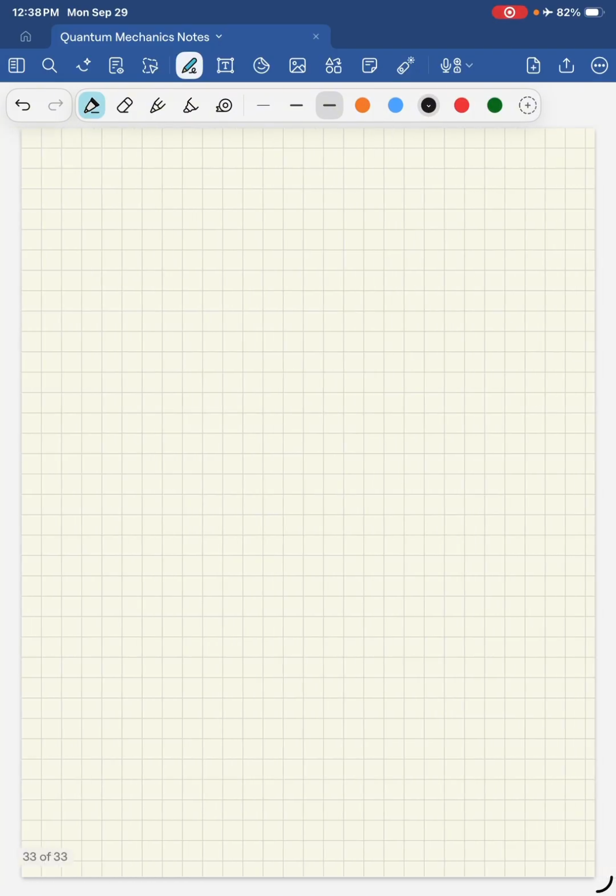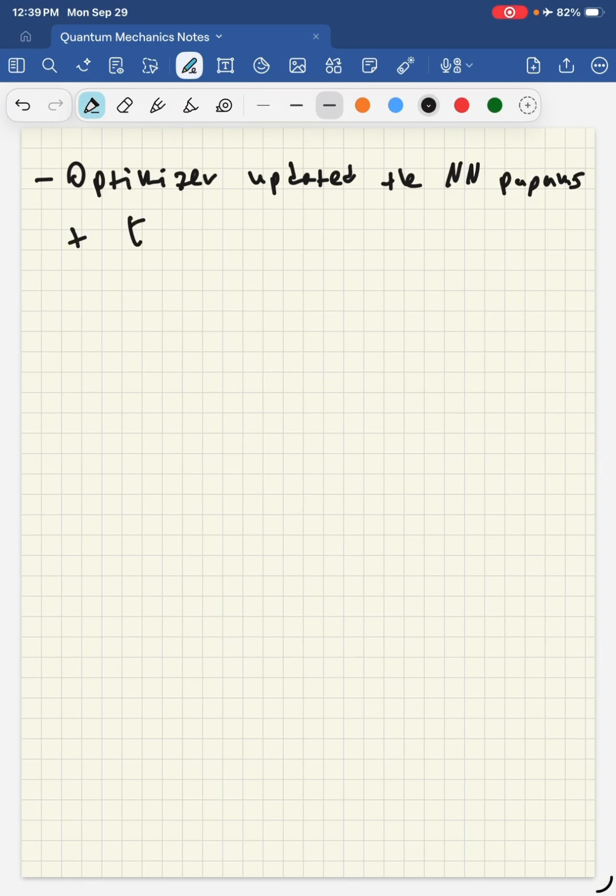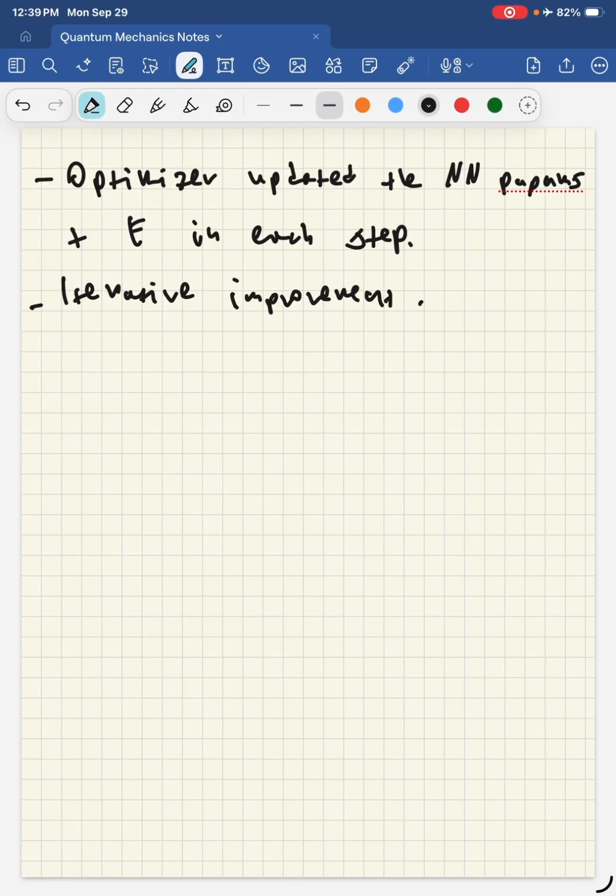So the optimizer updates the neural network parameters plus the energy in each step. So hopefully you get an iterative improvement of y. And this is it for this video.